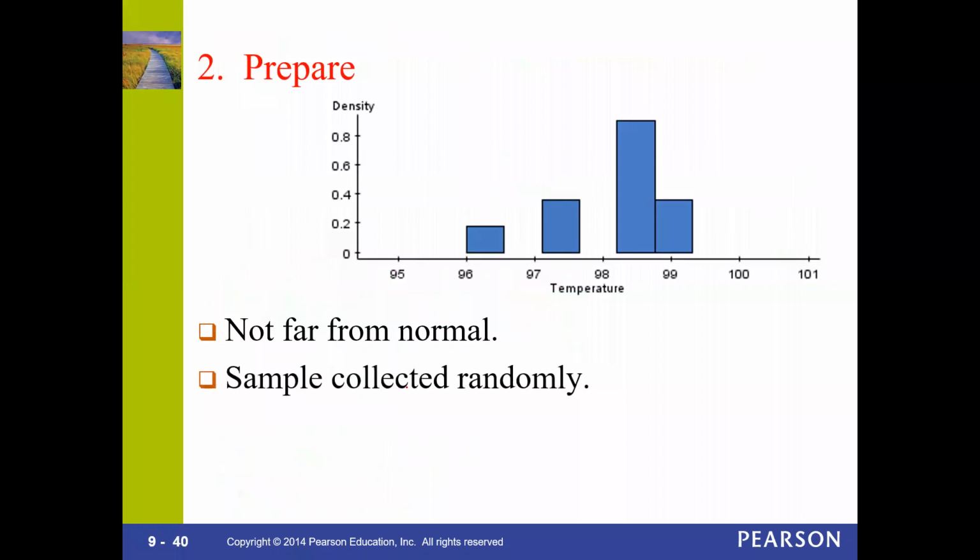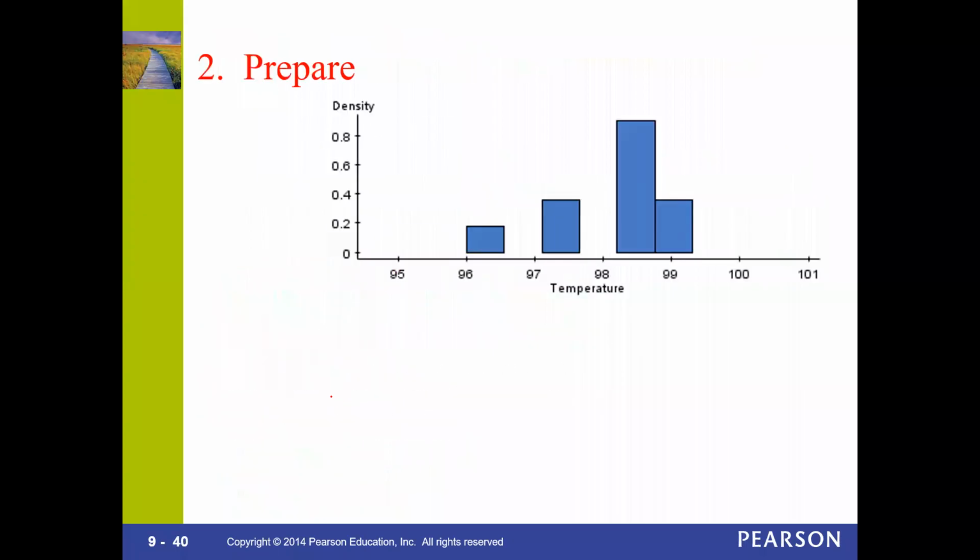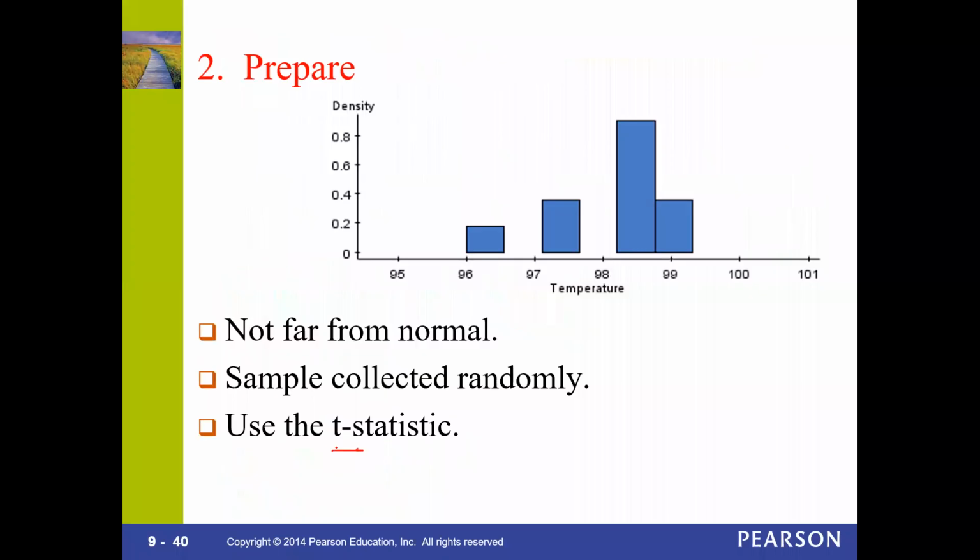So we already said this is fine, don't worry about it. We did say that because it's a small sample, we're going to use T. Small sample, use T, okay? Most of the exam, we're going to assume they're normal.